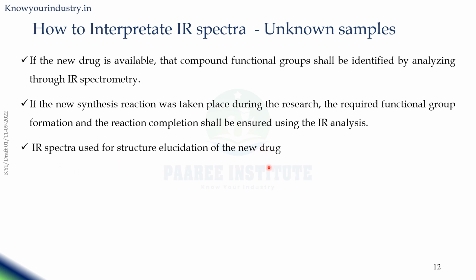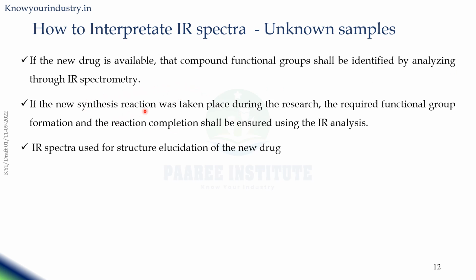So if you have a new drug or newly identified compound which has to be elucidated for its structure, then you can use the IR spectra for the structure of that particular compound. The functional groups of the compound can be identified by analyzing through IR spectrophotometry.